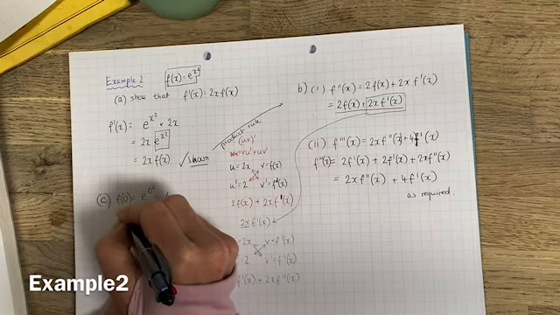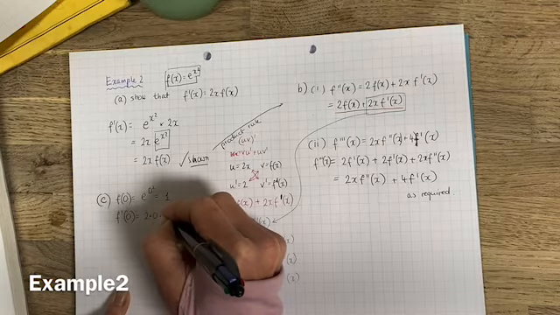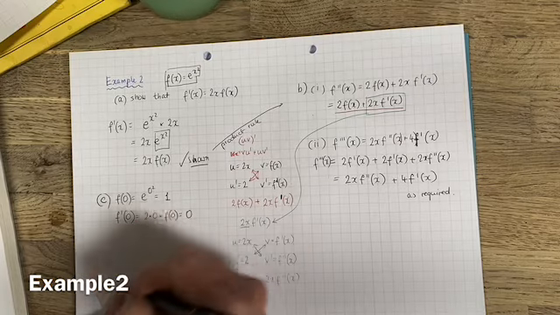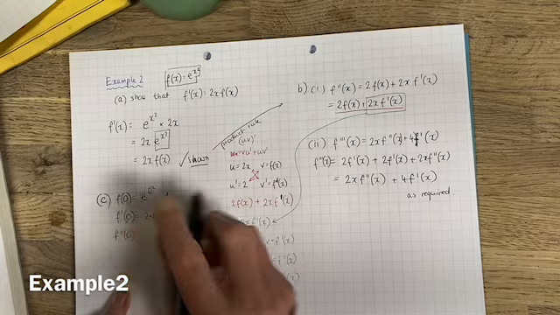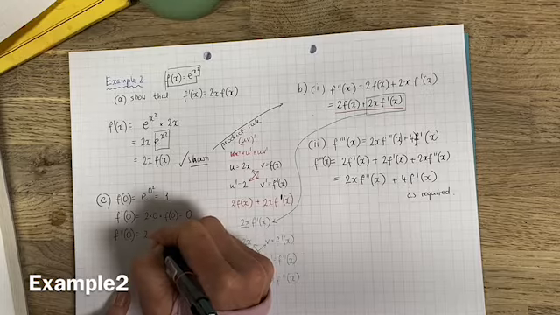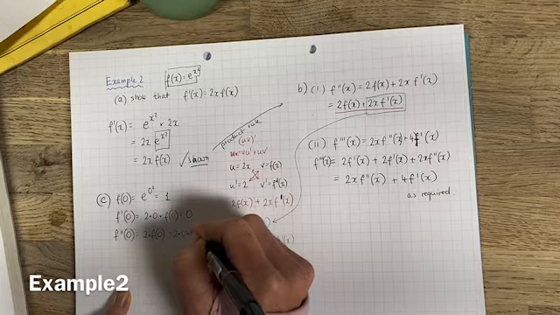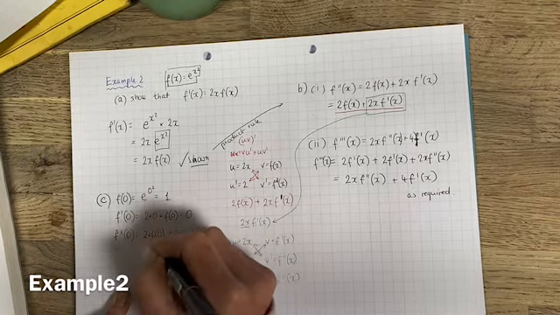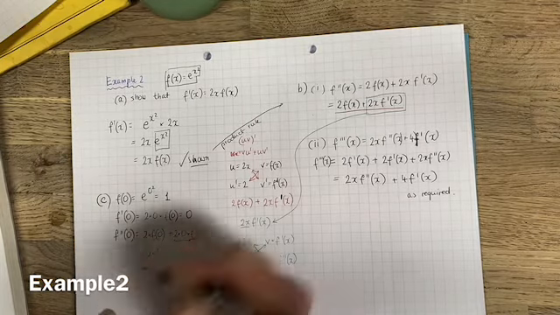F dash of 0, so that's going to be 2 times 0 times f of 0, which doesn't matter that it's 1 because the 0 just changes it all to 0. F double dash of 0, this one is 2 times f of 0 plus 2 times 0 times f dash of 0. This is 0. F of 0 is 1, so it's 2 times 1, which is 2.